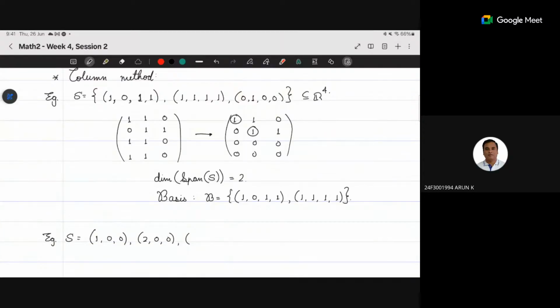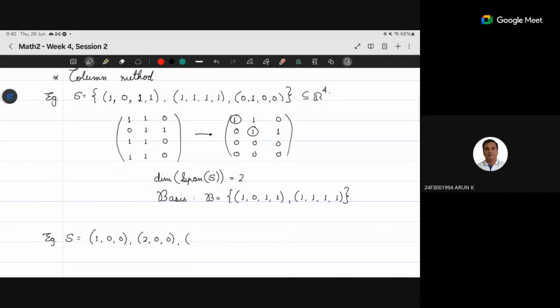Meaning the number of the elements in your basis will be the number of pivot elements. And the number of pivot elements is exactly the number of non-zero rows. Every non-zero row contains a pivot element, right? So the dimension will be exactly the number of non-zero rows, that is common. But the way you get the basis will be different.